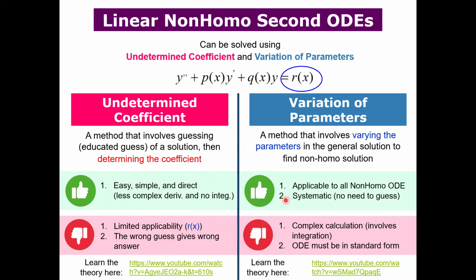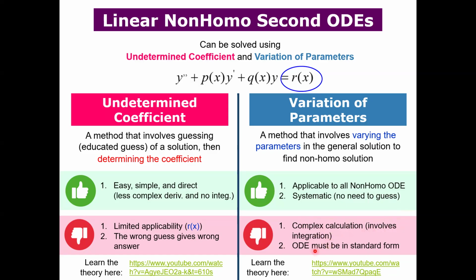For variation of parameters, the good thing about it is that it's applicable to all non-homogeneous ODE, and it is also systematic, whereby we go step by step and we don't need to guess the solution. But the calculation is a little bit complex because it involves integration.